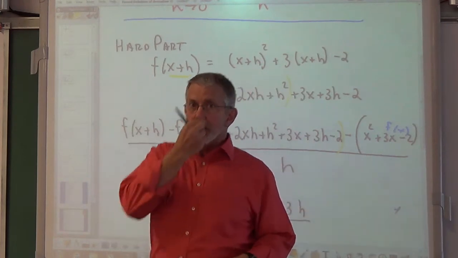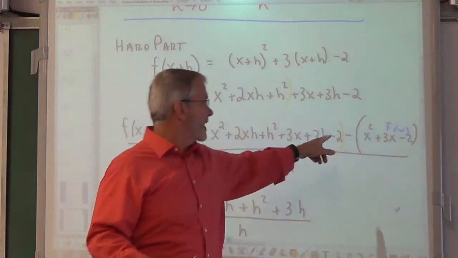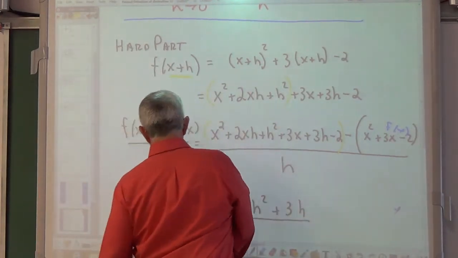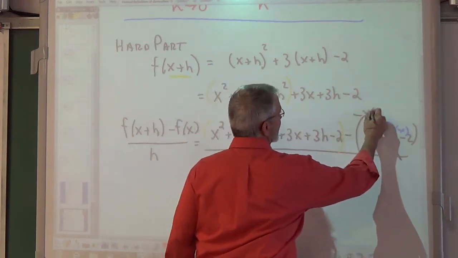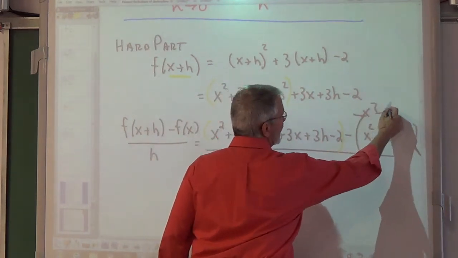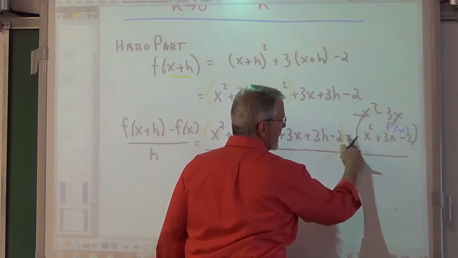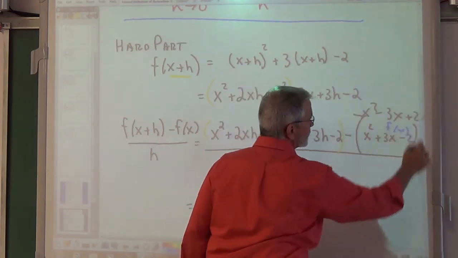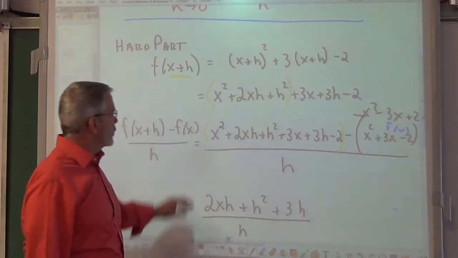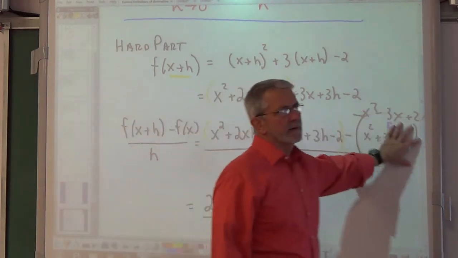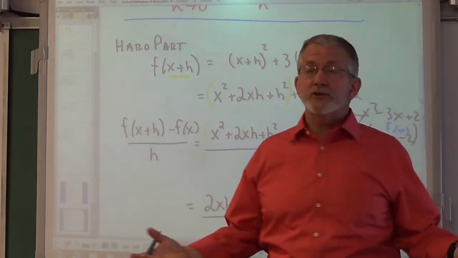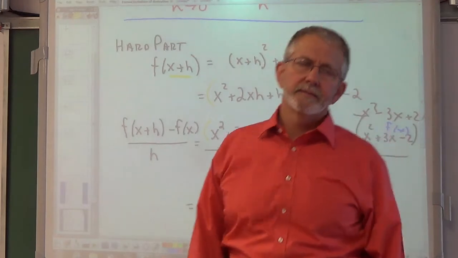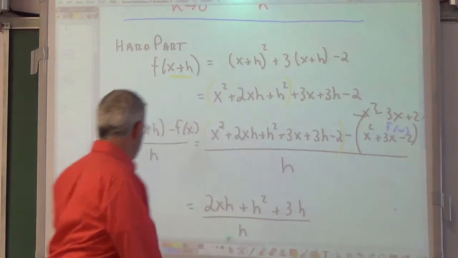Do some chalkboard math here. Distribute the negative sign up here. Negative x squared. Negative 3x. And negative makes that plus 2. And now I'm going to simplify this numerator. Everything without an h subtracts away. Okay, so what do I have?